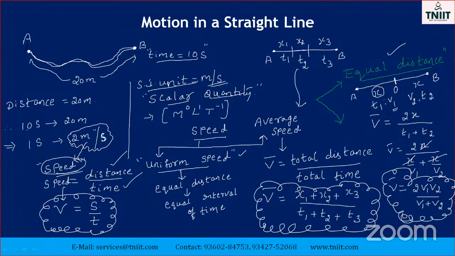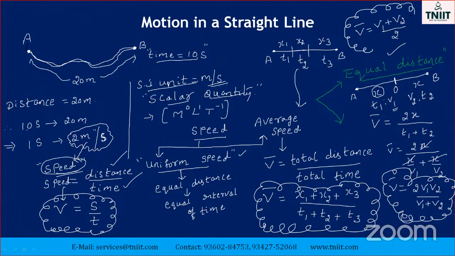Now, the second example, suppose it covers equal intervals of time. Please remember the average speed is given by the normal average, that is V1 plus V2 by 2.